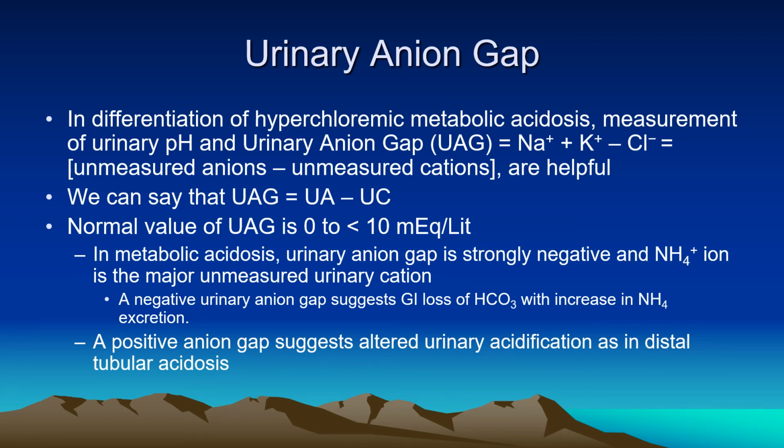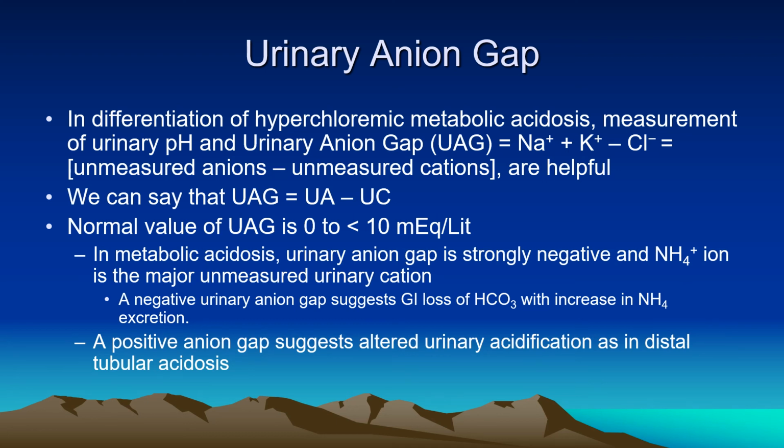Urinary anion gap is sodium plus potassium minus chloride, and that represents the difference of unmeasured anions and unmeasured cations. Simply, urinary anion gap equals unmeasured anions minus unmeasured cations, and the normal value is 0 to less than 10 milliequivalents per liter.